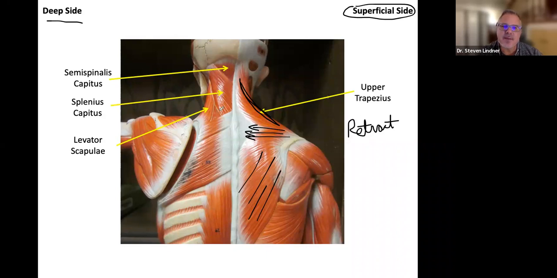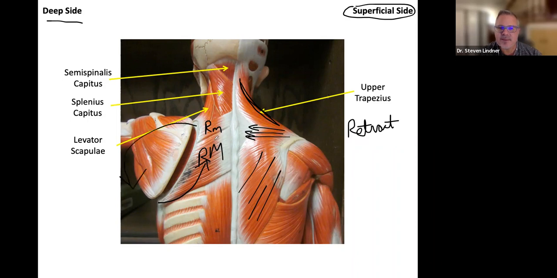We dissect that away. Here we have levator scapula, splenius capitis, and the semispinalis capitis. And then I'll label this again, as I did before, rhomboid minor, rhomboid major. Both of these can retract and adduct the scapula, but also it will rotate that upwards, which brings the glenoid cavity downward.